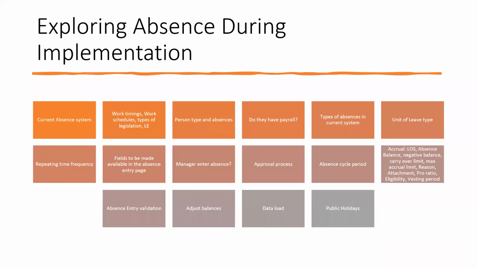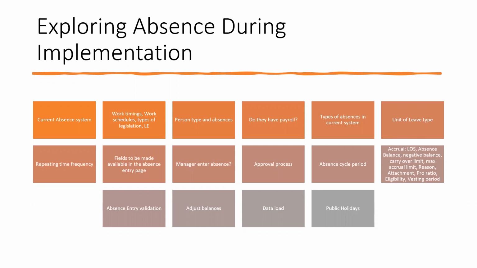The next thing is unit of leave type. What I meant here is the unit of measures. We know about the unit of measures. So how are they measuring their absences? Is it in terms of hours? Is it in terms of days? And is this unit of measure that we calculate the same for all the leave types or is it different?